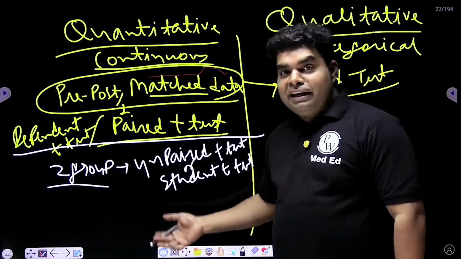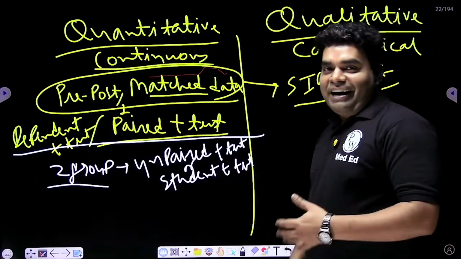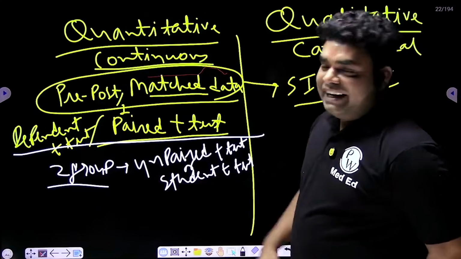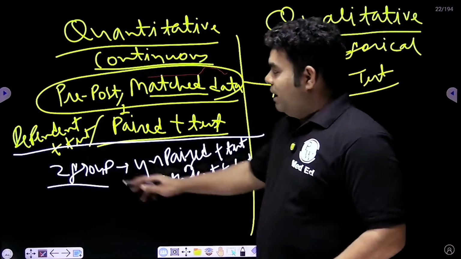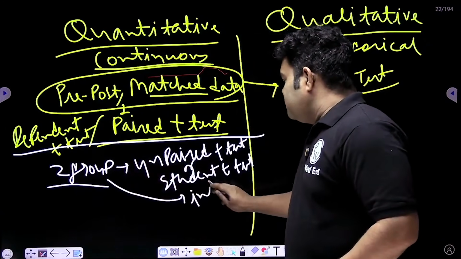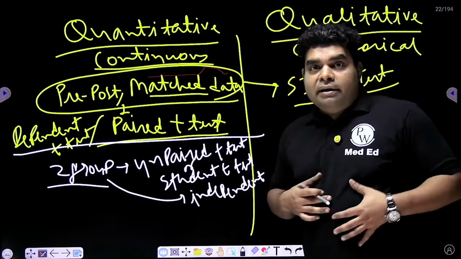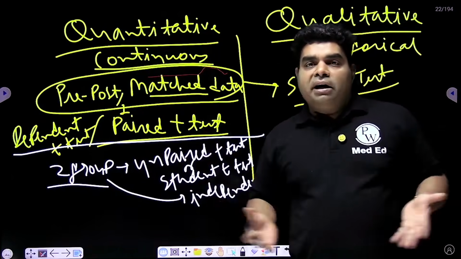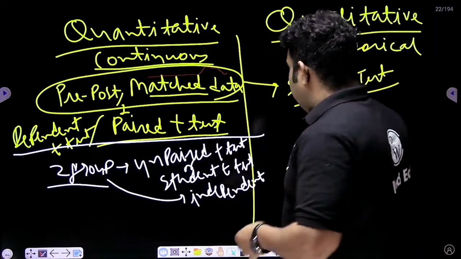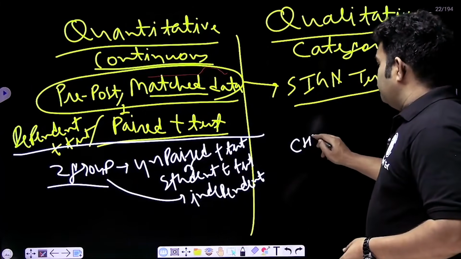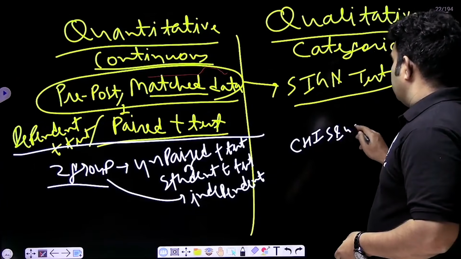Student was the name of the scientist actually. I thought it was the name of a student, but it's just the scientist. And we can also call two groups independent. Why? Because this time the weight is not coming before and after from the same person. So it is independent, unpaired, or student t-test. And similarly for qualitative data, if it is two groups, we usually apply chi-square test.